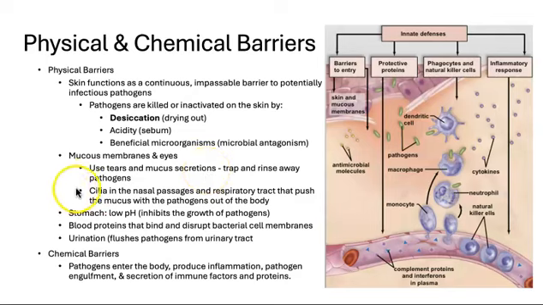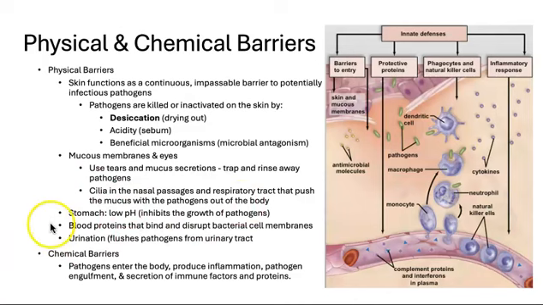We also have cilia in certain areas like our nasal passages, pretty much through a majority of our respiratory tract, that can help to push the mucus with pathogens out of our body. We also have areas like our stomach that have low pH, and as we said before, when we create an acidic environment, certain pathogens cannot withstand that and will end up dying.